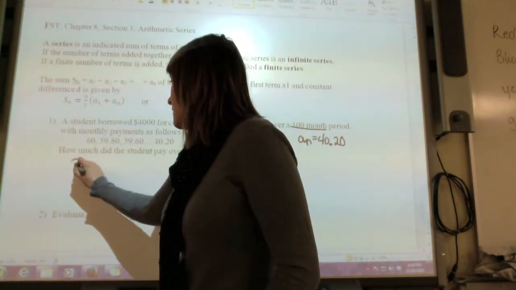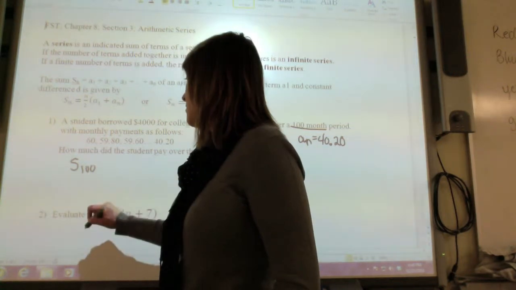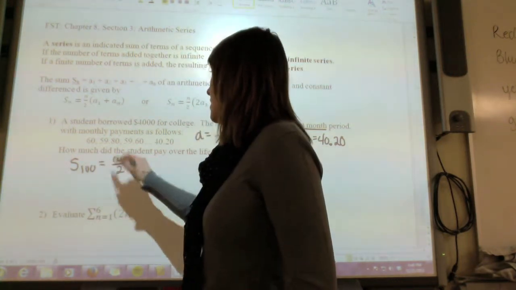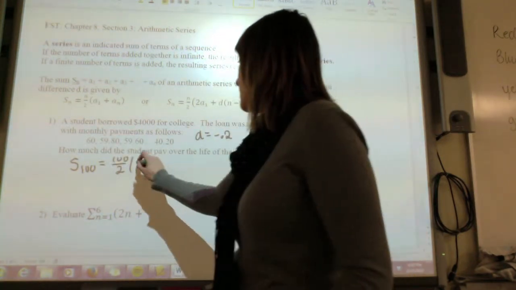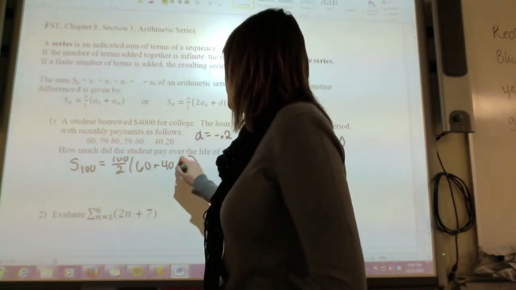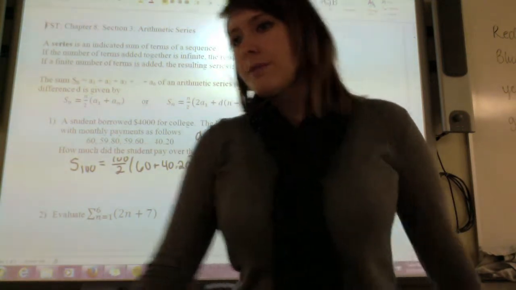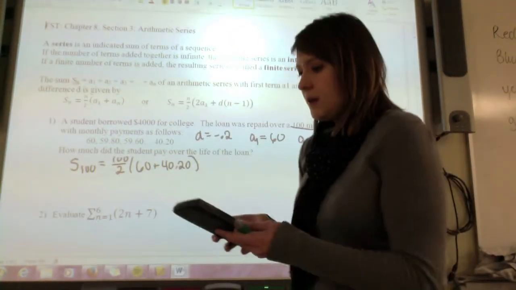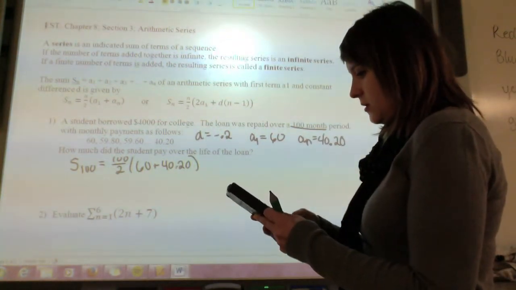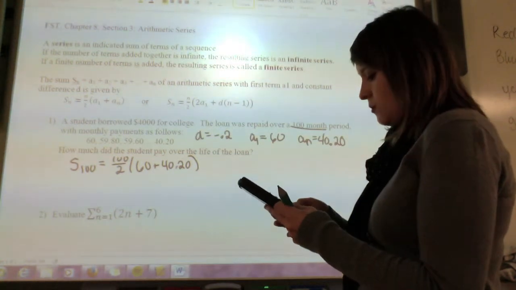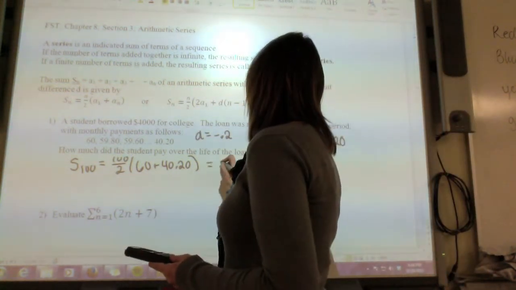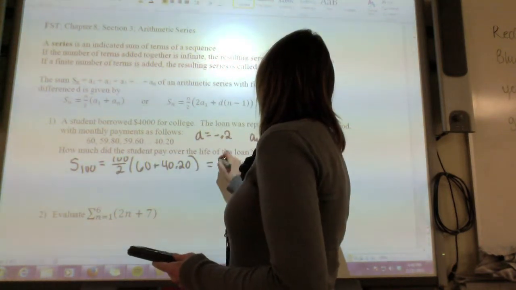So the sum of my first 100 terms is going to equal 100 over 2 times my first term, which was 60, plus my last term, which was $40.20. On my calculator, I take 60 plus 40.20, multiply that by 50, and I get a total of $5,010.